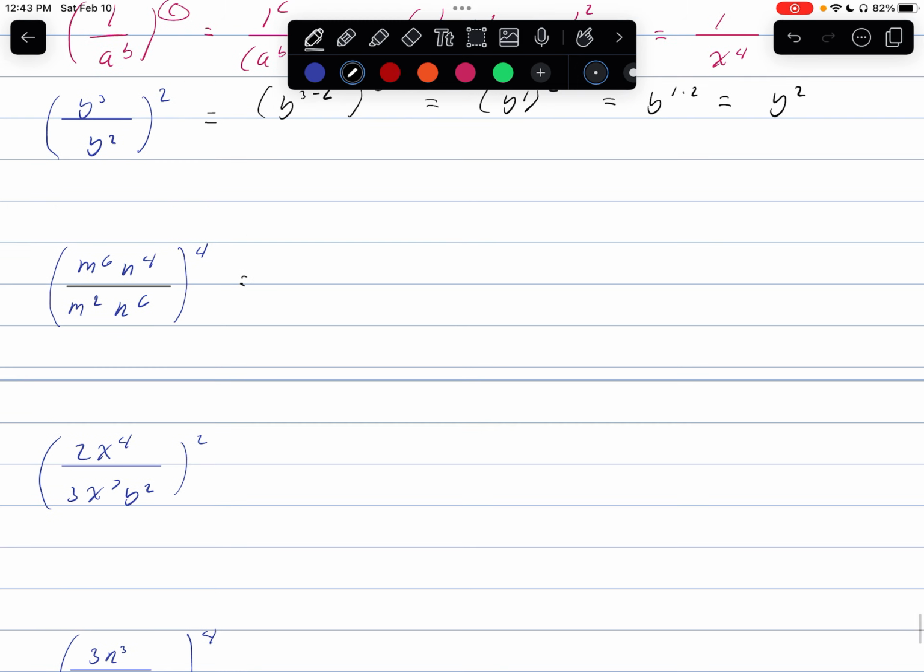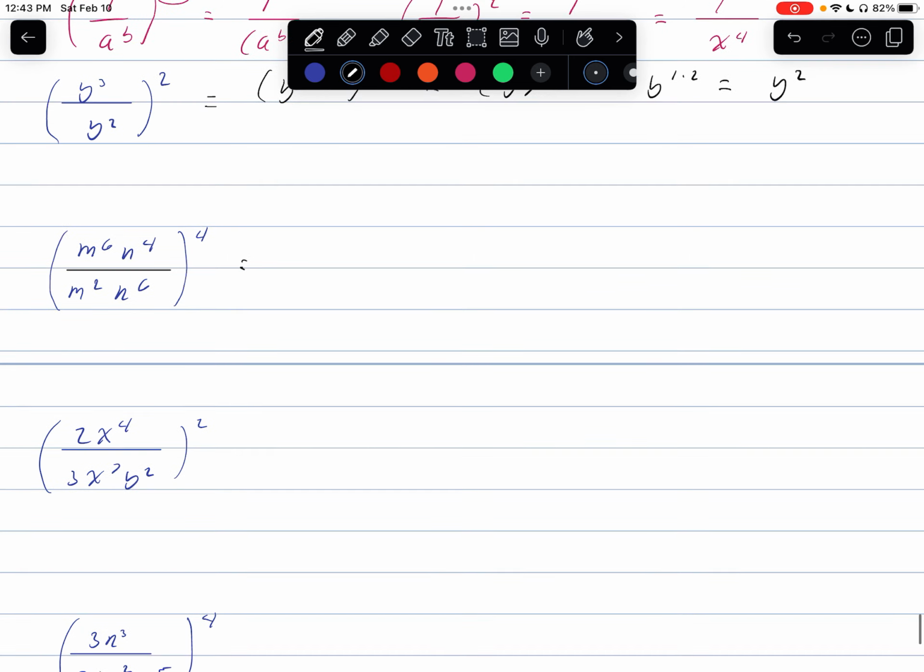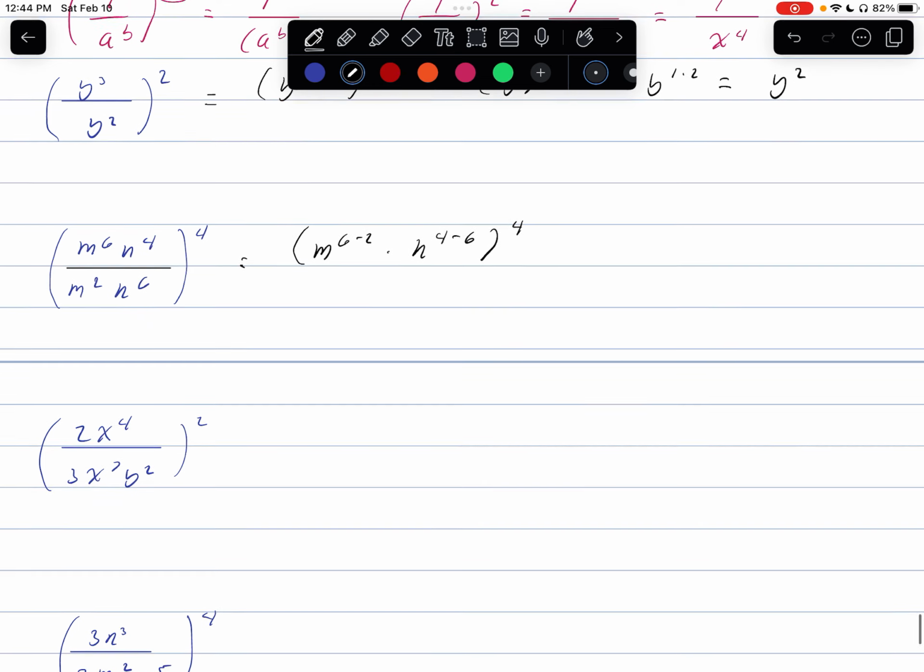So remember, first we have to simplify everything inside. So if we have m to the sixth over m squared, this is the same thing as m to the 6 minus 2. And we're going to multiply this by n to the 4 minus 6. And we have to keep this exponent of the fourth out here.